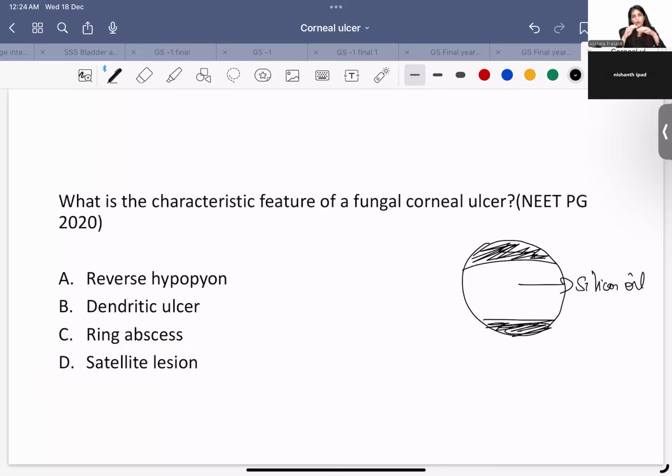So we all know oil and water, the water has to float above the oil, right? It cannot go down. So oil is dense, so it comes down and the water will float. The same thing here. Gravity doesn't work. In silicon oil filled eyes, that is your post-vitrectomized eyes, you have silicon oil floating up and your aqueous or the oil below, right? But this is not your correct answer.